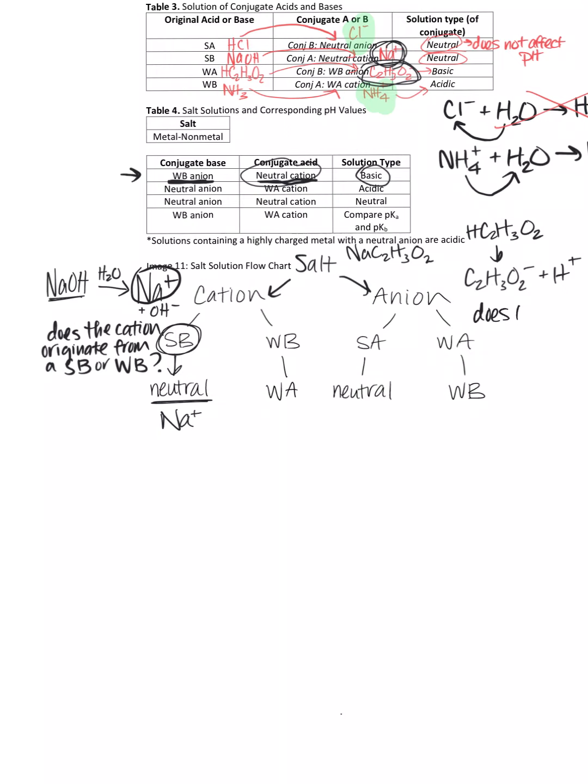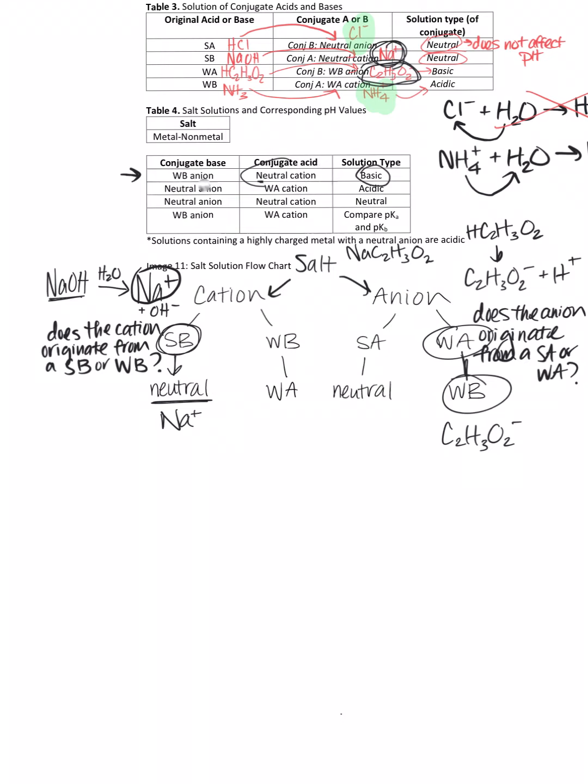Does the anion originate from a strong acid or weak acid? And the answer is acetic acid is weak, therefore the anion is weakly basic. So acetate is weakly basic.